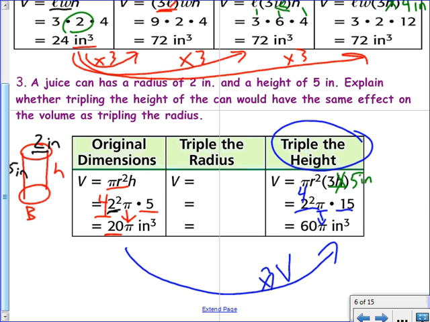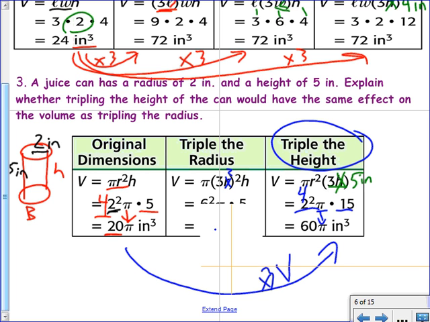Now let's see what happens when we do the same thing to the radius. The radius would be what changes here, and instead of being 2, we would multiply the radius by 3 to triple it, meaning that 3 times 2 would become 6. And let's see what happens in our formula here.